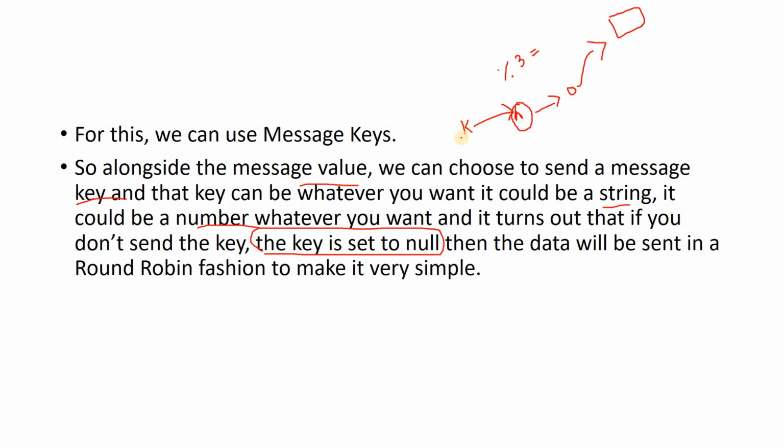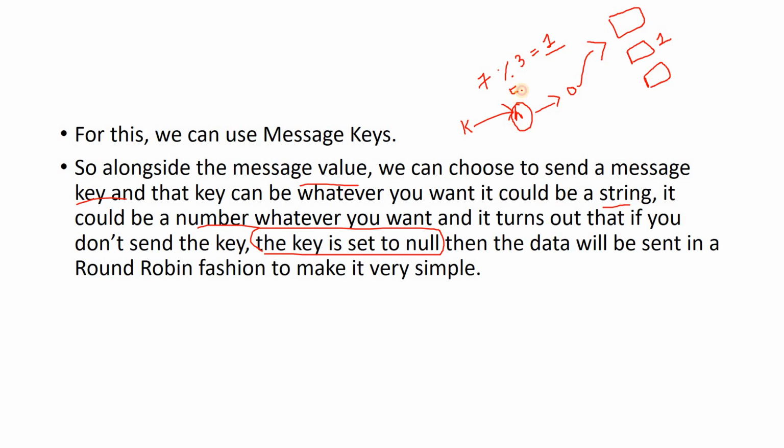For example, suppose my key is 7. If we do this operation, then the remainder will be 1, right? So Kafka can decide, maybe we have partitions 0, 1 and 2, and Kafka will put this particular message with key 7 in partition 1, because the remainder is 1.